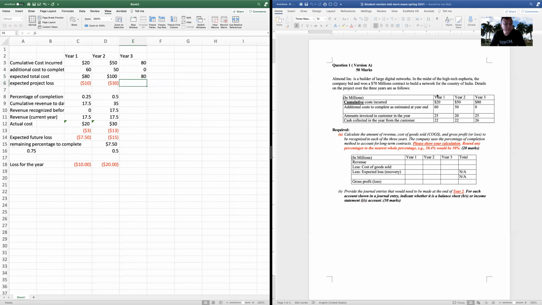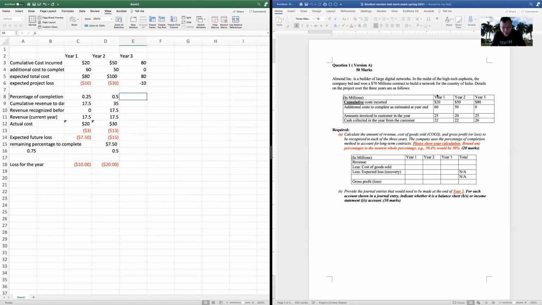So the total expected project loss, so 70 minus 80, right? Okay, so it will be 70 minus 80, so that would be $10 million expected loss for the project.